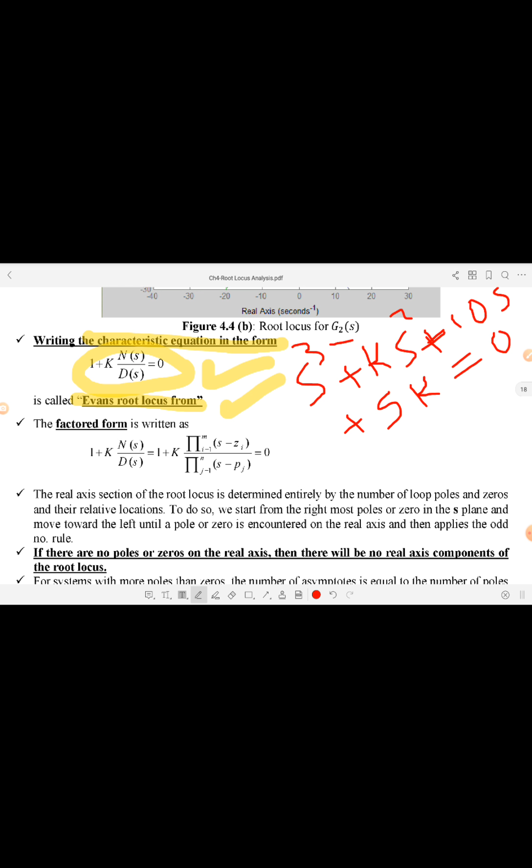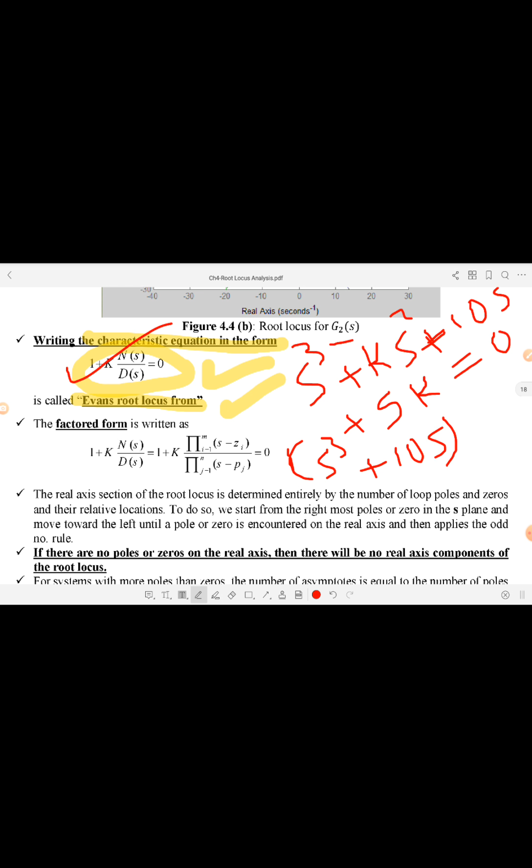So we should rewrite it such that it is in this format. In order to proceed, we should collect the terms containing K on one side and the terms not containing K on the other side. So this means we should rewrite the terms not containing K as s to the power 3 plus 10s.